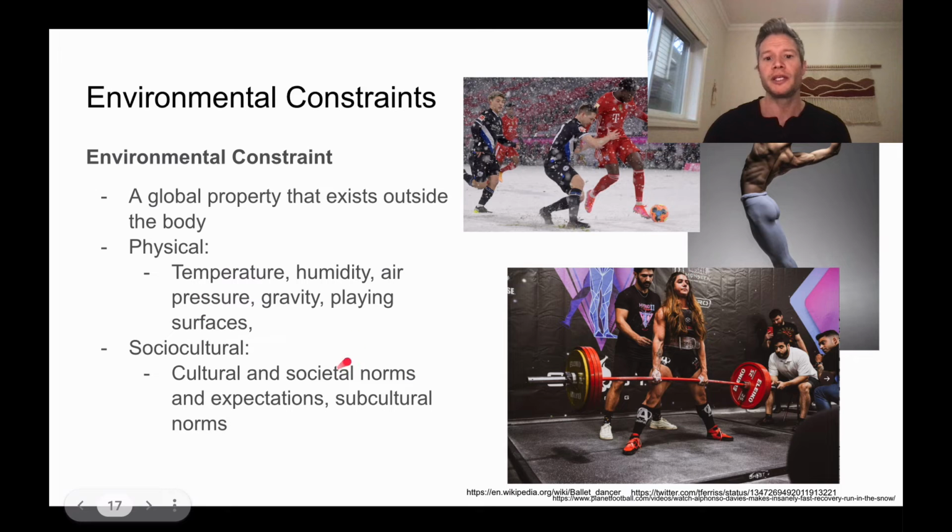So globally, culture and society influence us through norms or value systems that occur within those states, and we'll look into that with a whole isolated lecture later on in the semester. But some just examples here. Obviously, snow on a soccer game is going to change how we move due to the slickness of the field.